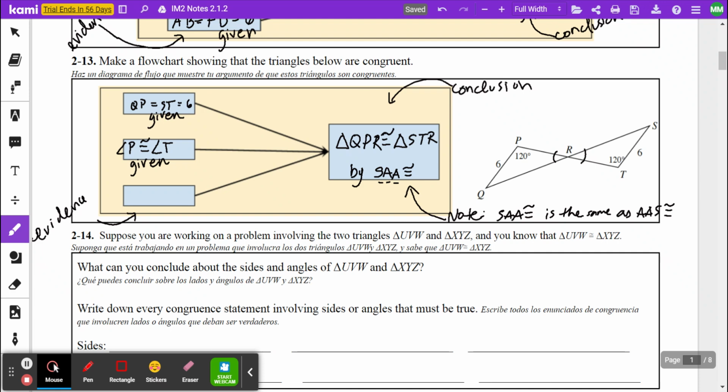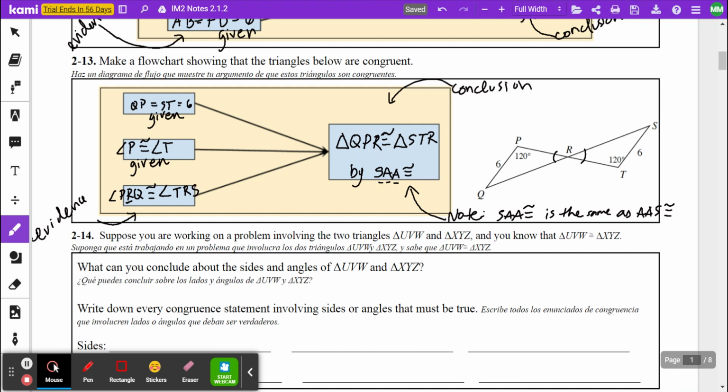And this one I have to be careful about because you can't just call it angle R since there's more than one available angle R, so you need 3 letters. Angle PRQ, remember to keep the vertex as your middle letter, is congruent to angle TRS. And that is not given.